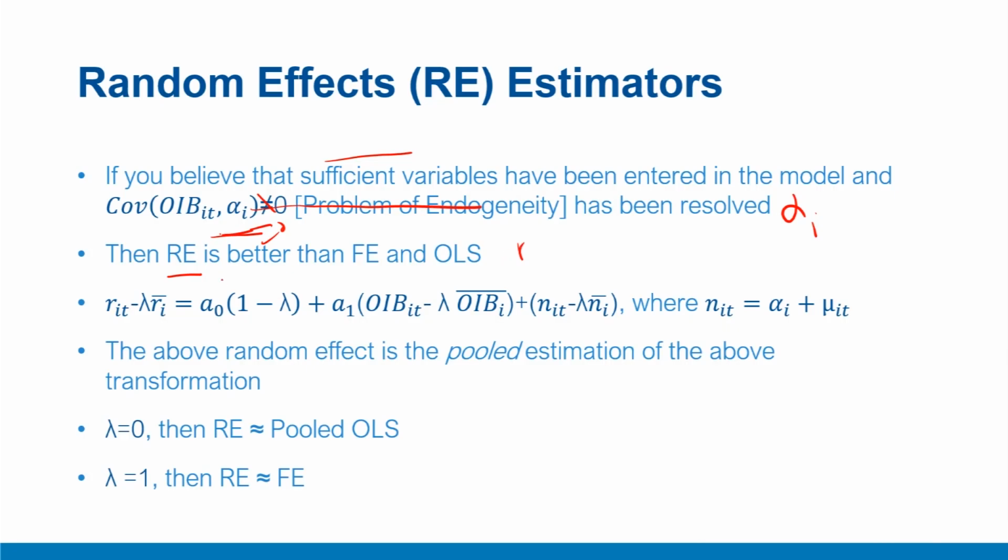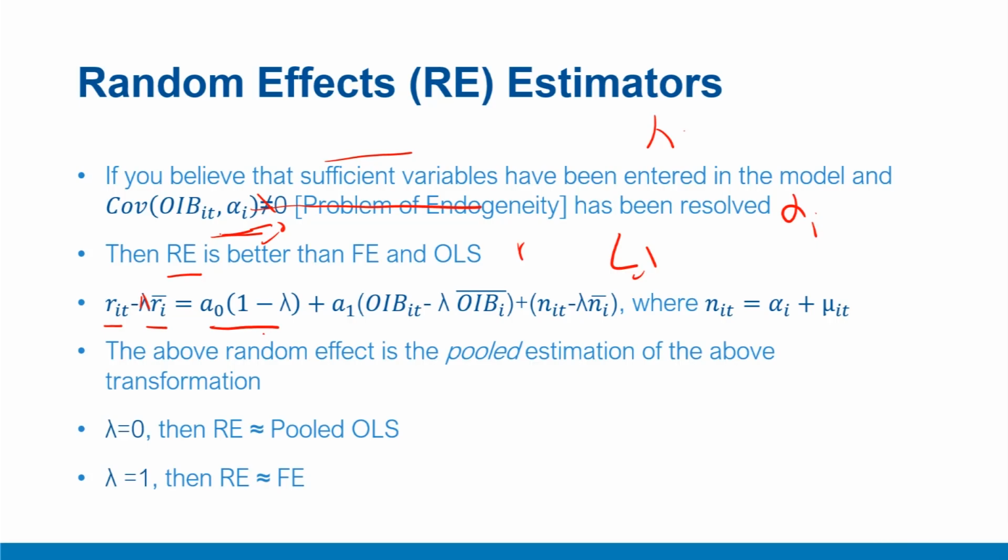And therefore you can use a model like this. For example, instead of completely time demeaning the model, you can simply demean with a multiple of lambda, which is between 0 and 1, that is, less than or equal to 1. And therefore your resulting equation is RIT minus lambda times RI bar. Only that in the original FE transformation, instead of completely time demeaning, I am time demeaning with a factor of lambda. So this term is not eliminated.